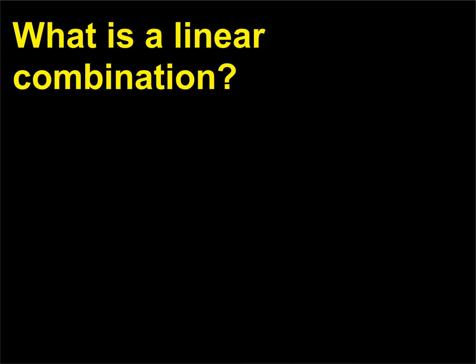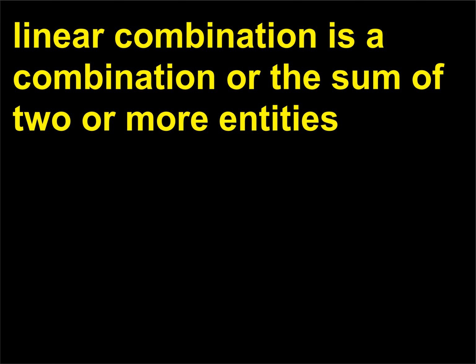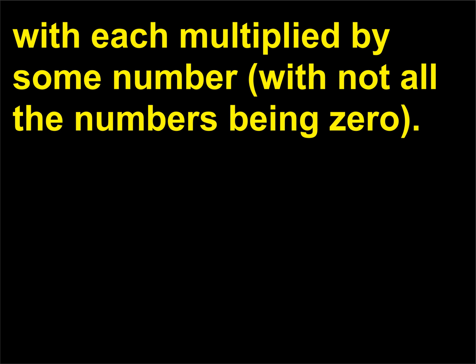What is a linear combination? Linear combination is a combination or the sum of two or more entities, with each multiplied by some number, with not all the numbers being zero.